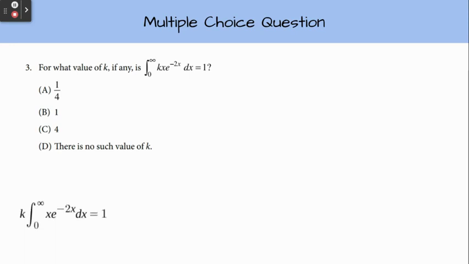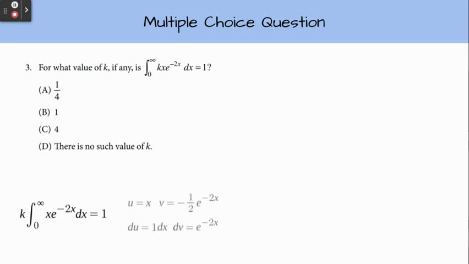First thing we're going to do is put the k out front, since k is a constant. Then you're left with k times the integral from 0 to infinity of x e to the negative 2x dx equals 1. If you run through your integration methods, u substitution doesn't work, so this is going to be integration by parts.